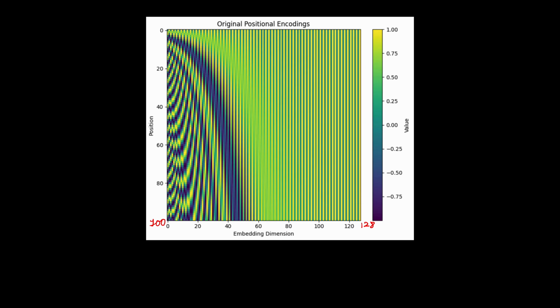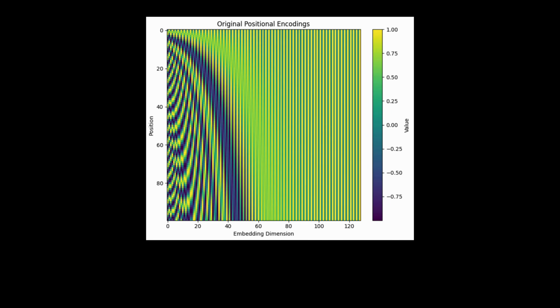You will find that it follows a predictable and consistent pattern. See how the gradients of the color shift smoothly across the spectrum. As we move down across the positions, you will see that the values in the higher dimensions gradually increase, while the values in the lower dimensions are rapidly increasing. This is because we are using lower frequency curves in the higher dimensions and higher frequency curves in the lower dimensions.